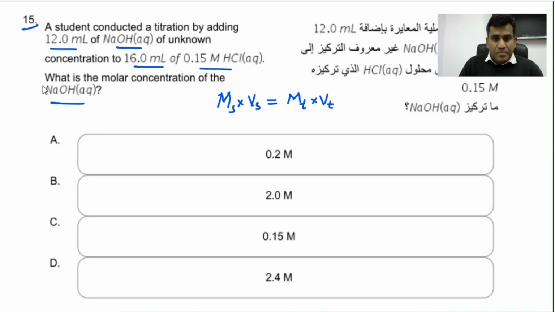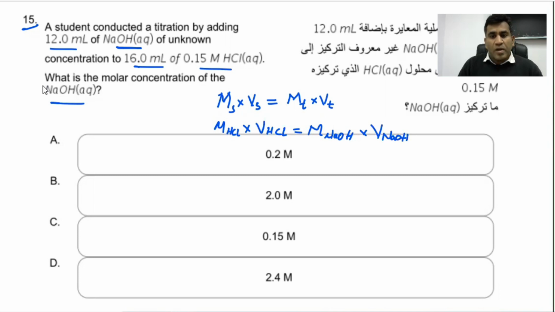Here it is 0.15. So the molarity of HCl times the volume of HCl must be equal to the molarity of NaOH times the volume of NaOH.